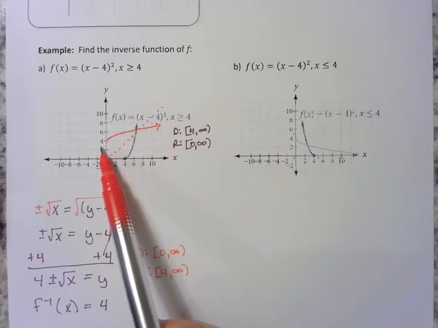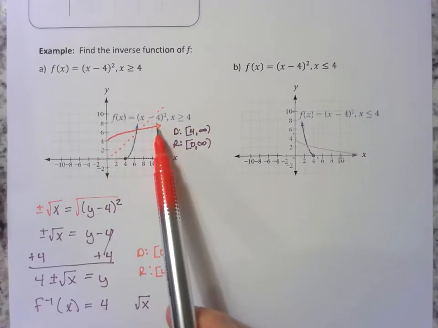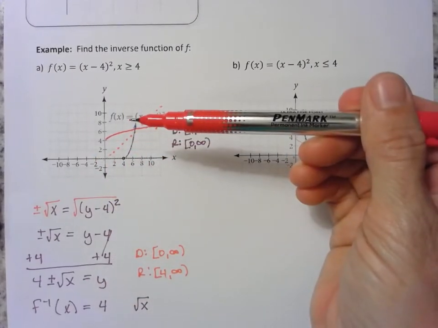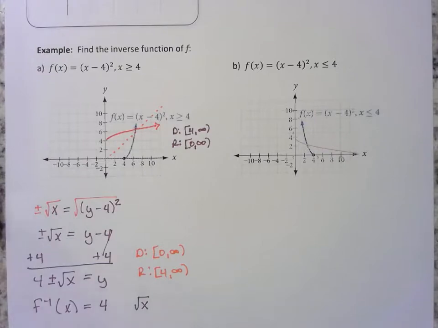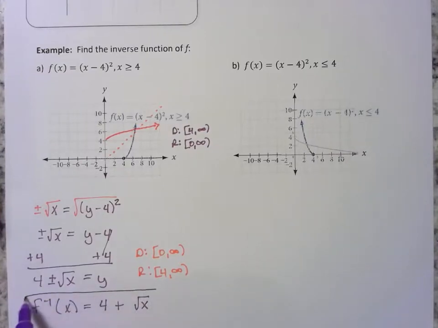This is the graph of the square root function shifted up 4 units. Doesn't that mean it's the square root of x plus 4? There are many different ways to go about getting this, but this is going to be one of those many ways.